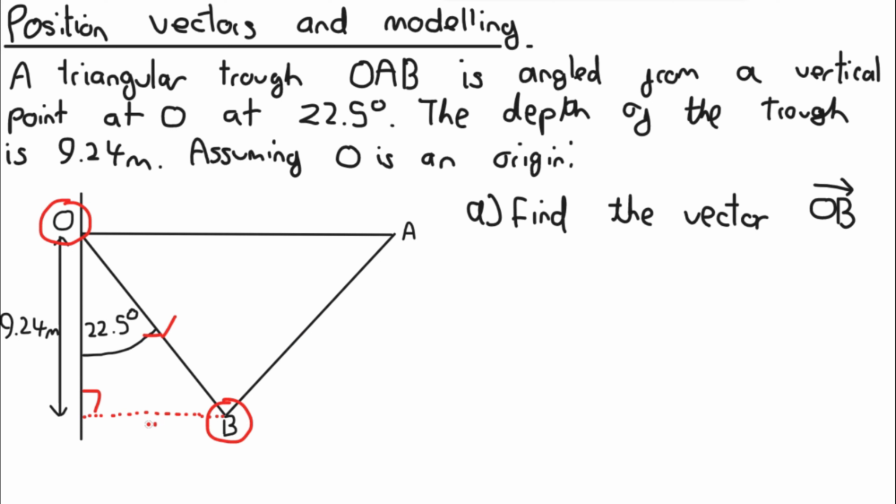So let's do that. So this is going to be the opposite, this is the hypotenuse, and this is the adjacent. We know nothing about the hypotenuse and we don't need it, so we're going to ignore that.